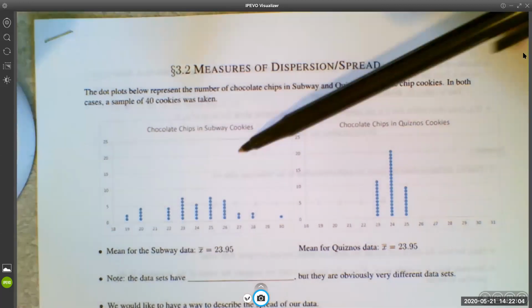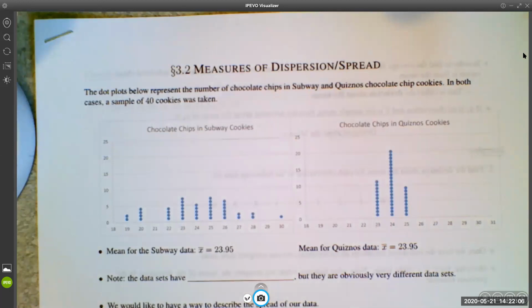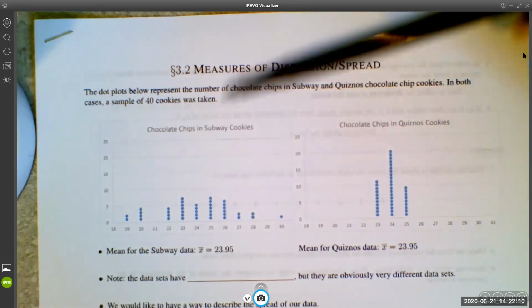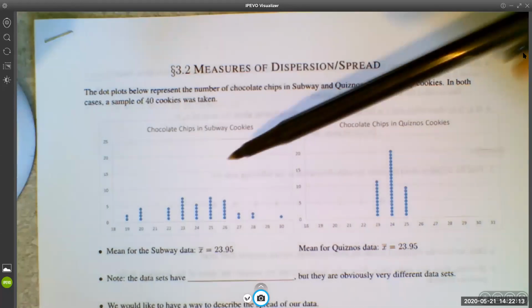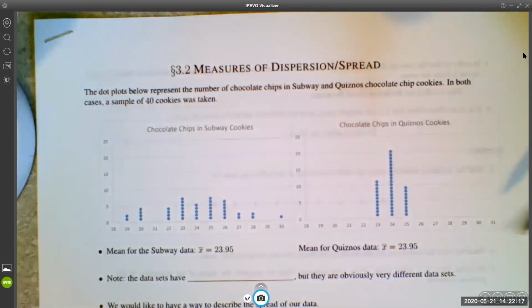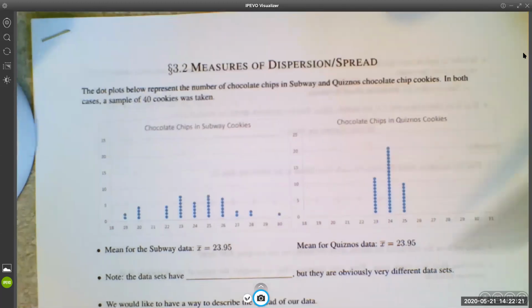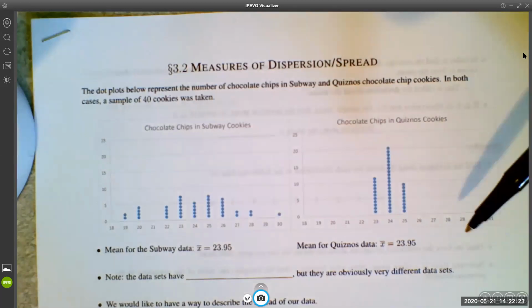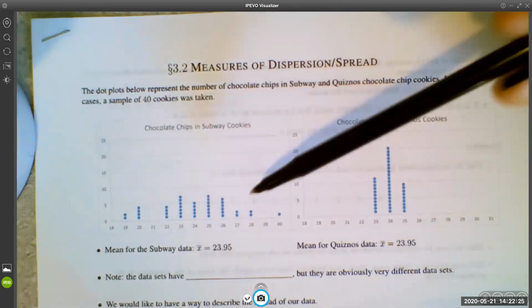Now, if you look at these two data sets, they're obviously very different data sets, okay? If you were to compute the sample mean number of chocolate chips for each of these sets of data, you would find that they have the same mean. The sample mean is about 24 chocolate chips per cookie. However, they're very different.